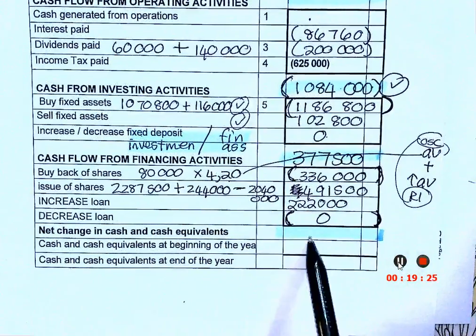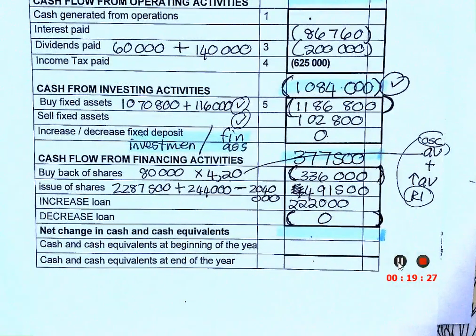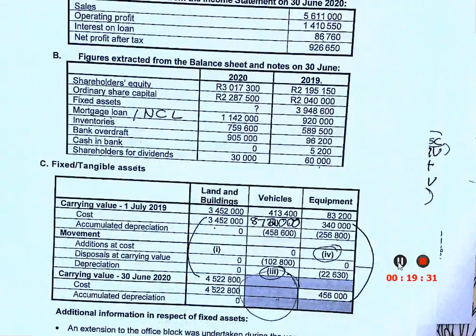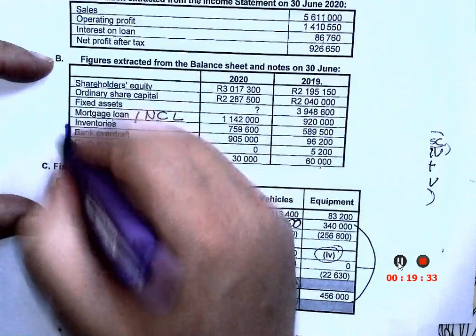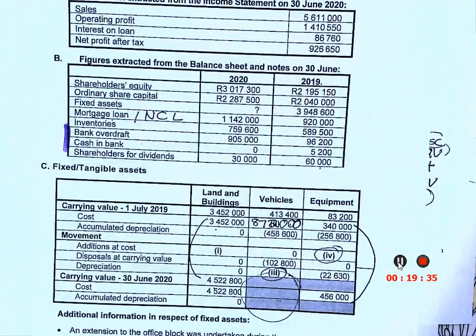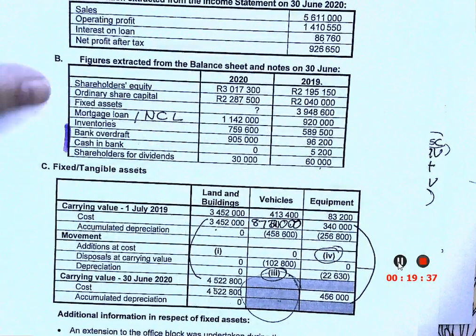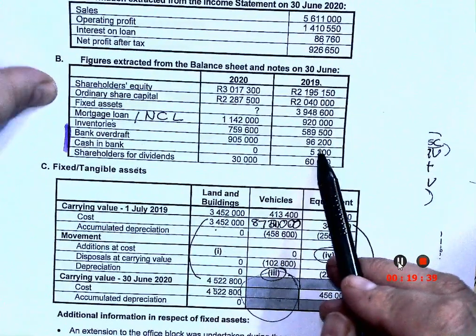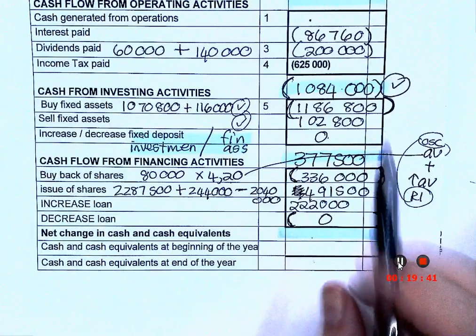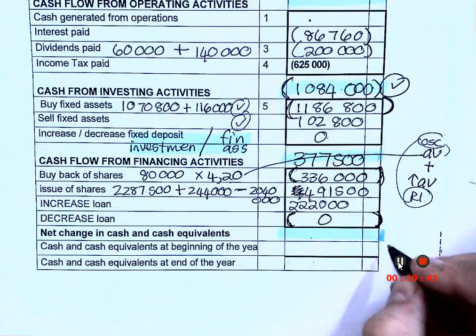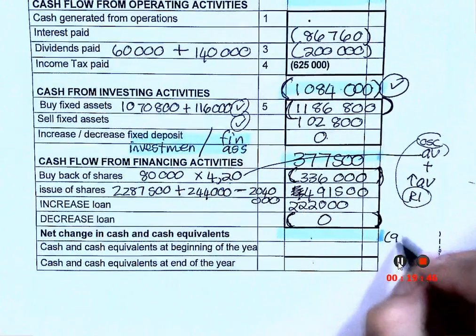So if I say, what is my cash? If I look at cash, I will always look at the cash in the bank and the bank overdraft. So I'm going to look at both of those. So now I see my bank overdraft at the beginning is 96,200. So I'm going to bracket it. 96,200.